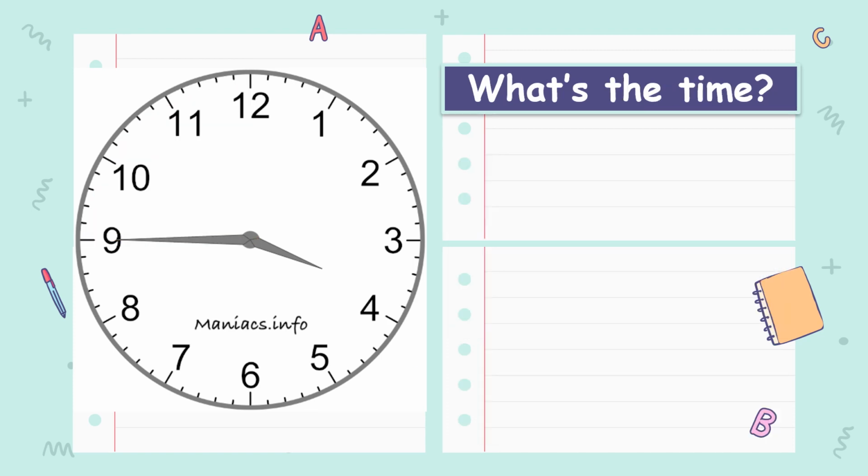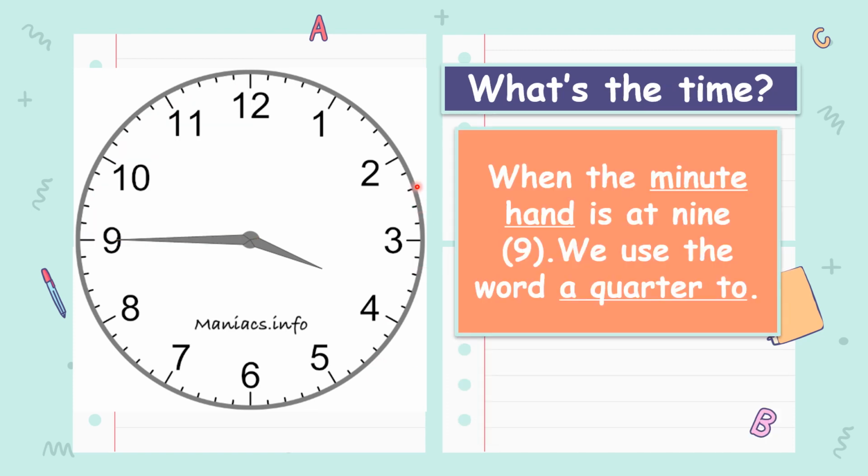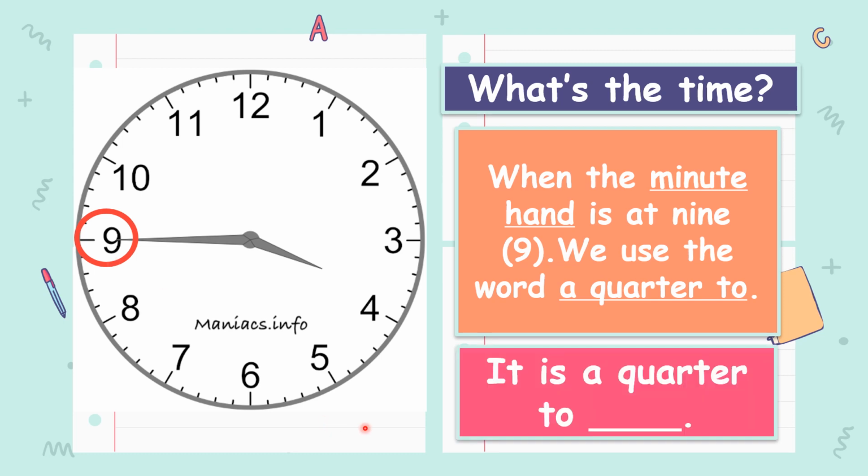Let's try. What's the time? When the minute hand, the long needle, is at 9, we use the word a quarter to. It is a quarter to. But I mentioned earlier, when you see the word a quarter to, you need to plus 1.